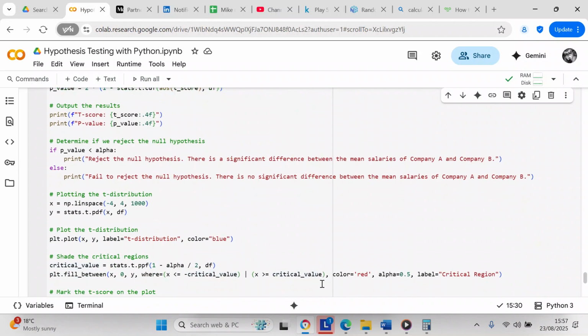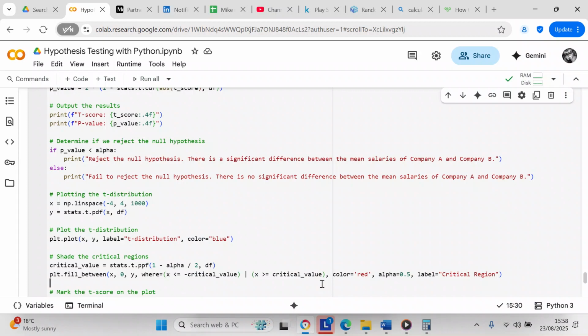So we're going to shade the critical region. Critical value equals stats.t.ppf, brackets, 1 minus alpha divided by 2, comma, df. The t is your t-distribution, PPF is percent point function, alpha is 0.05, and df is your degrees of freedom.